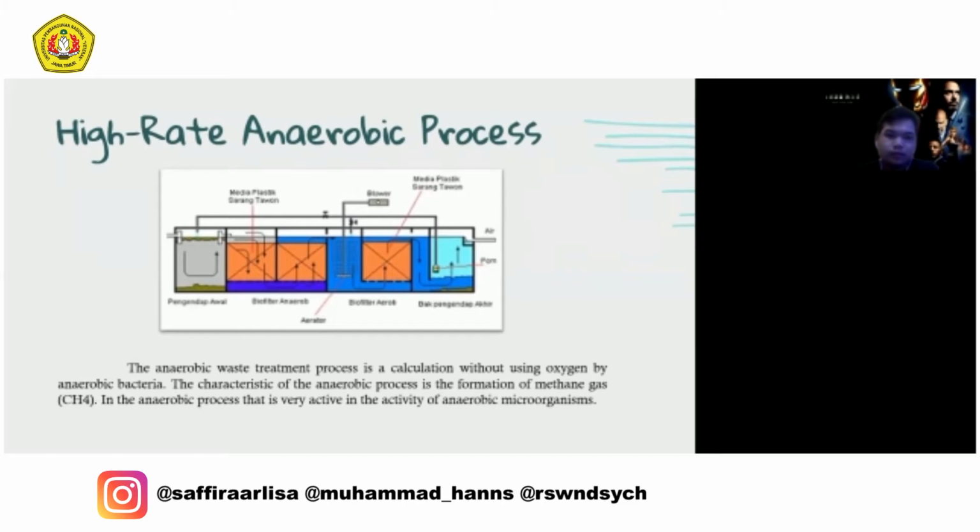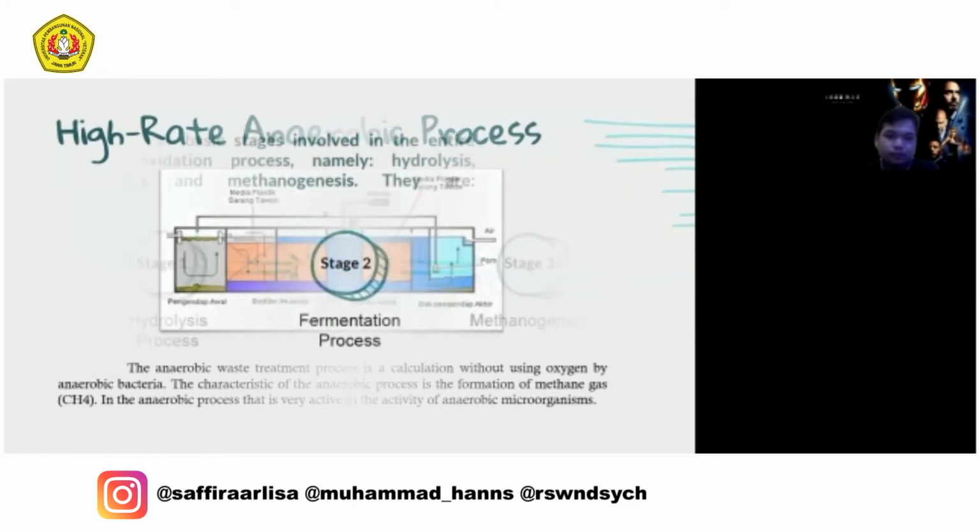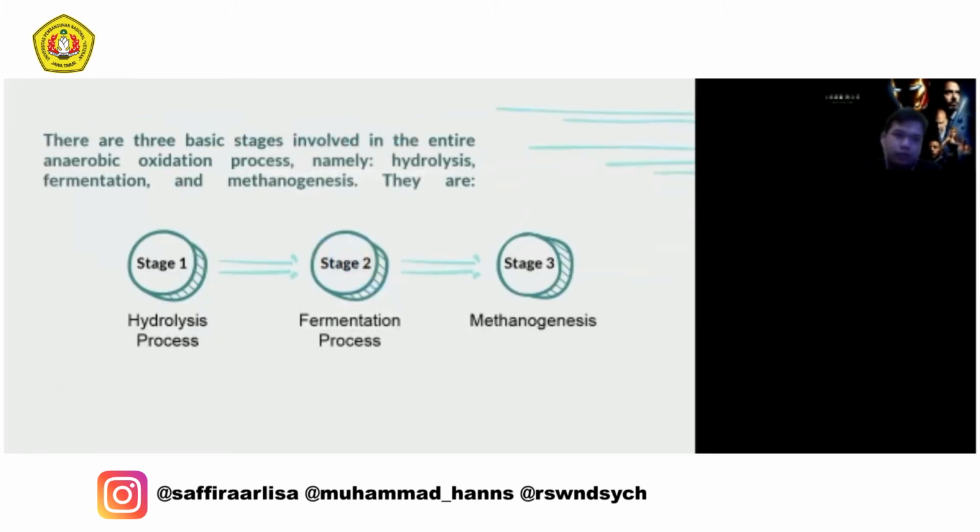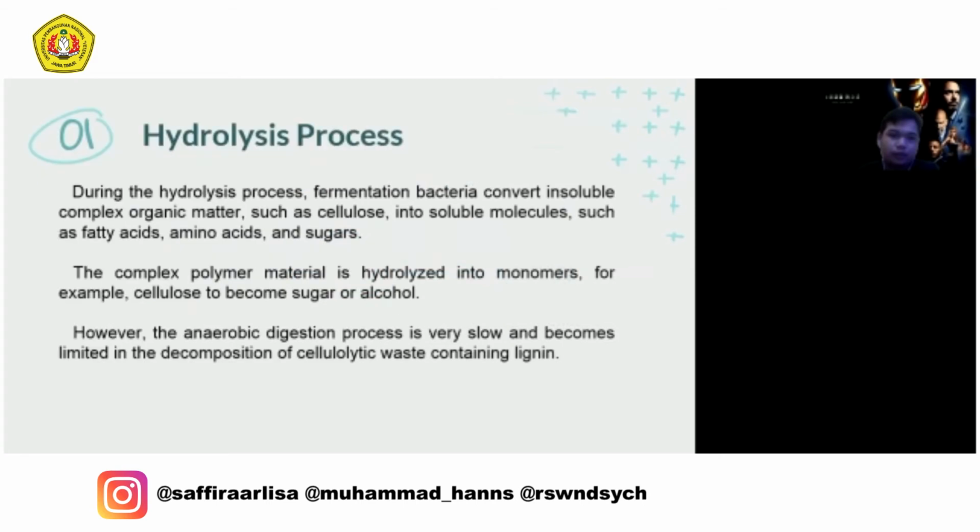Next. There are three basic steps involved in the entire anaerobic oxidation process, namely hydrolysis, fermentation, and methanogenesis. They are step 1 hydrolysis process, step 2 fermentation process, and step 3 methanogenesis. Next, hydrolysis process.